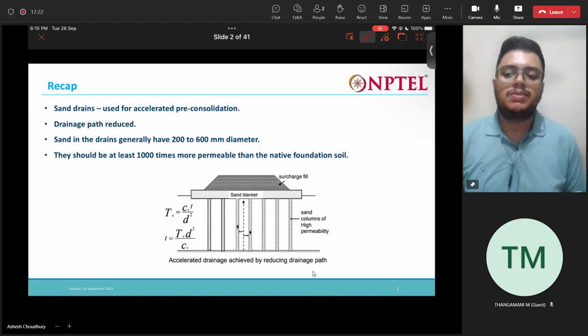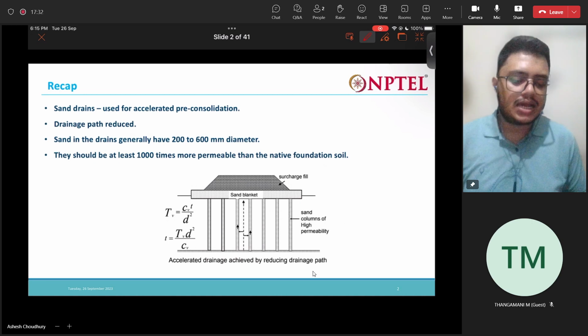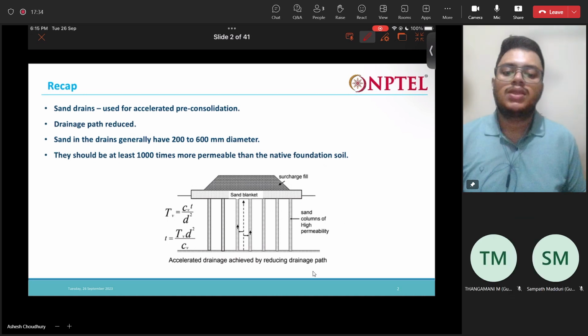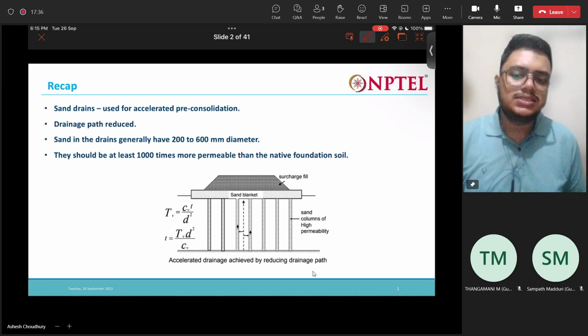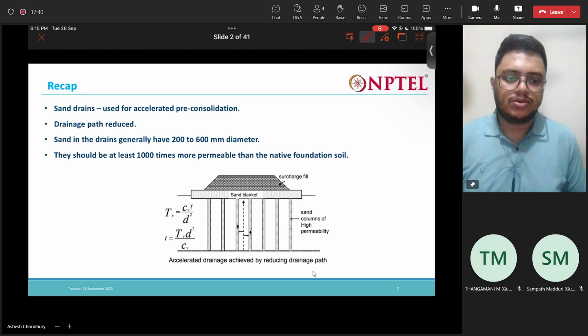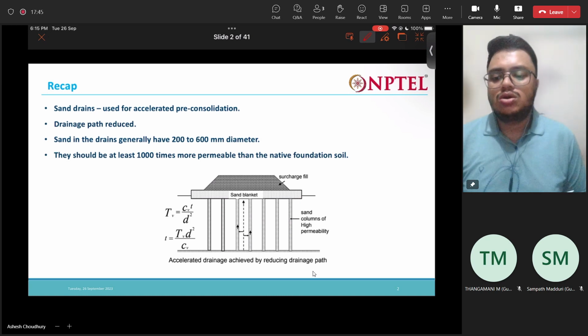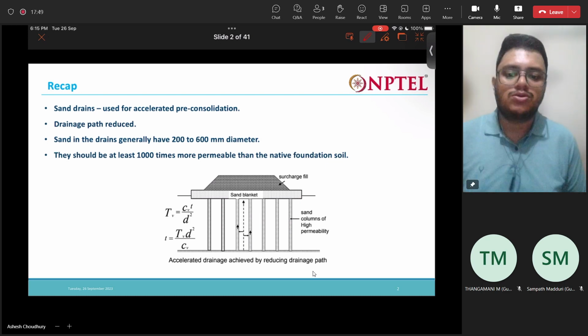There may be many reasons. But the soil over which you need to construct it, when you do your calculations, you find out that the consolidation is going to take a lot of time. So in order to accelerate that consolidation, we use this pre-consolidation technique.